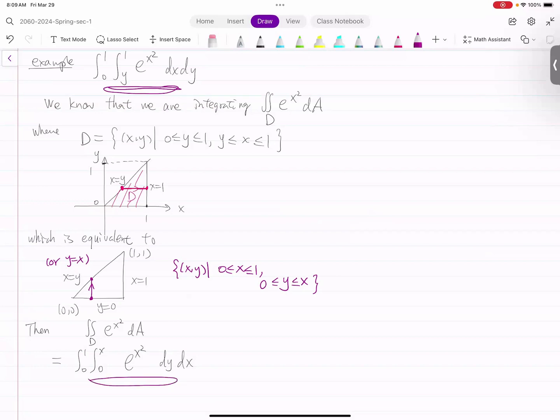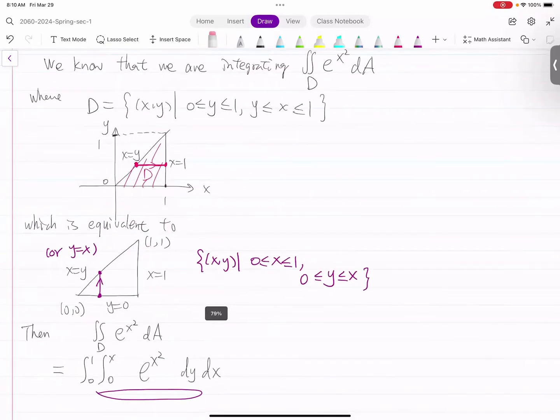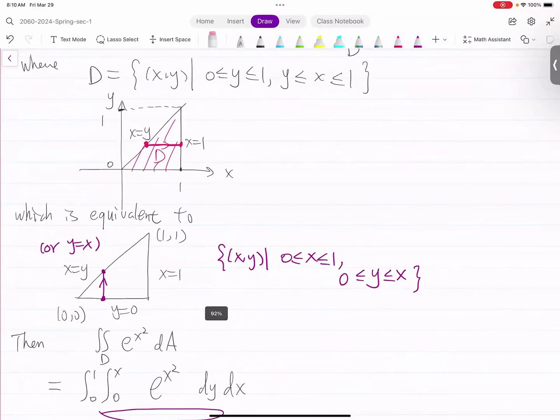So the difference here is that if the dx is in the inner, then we are trying to look for the antiderivative for e to the x squared, which is complicated. But now if you have dy in the inner, you're saying, okay, I have this e to the x squared, which stays a constant when I integrate with respect to y, right? So for the inner integral, the antiderivative in terms of y is trivial, right? So constant, the antiderivative for that is just that constant times y. Okay, so that's actually pretty nice.